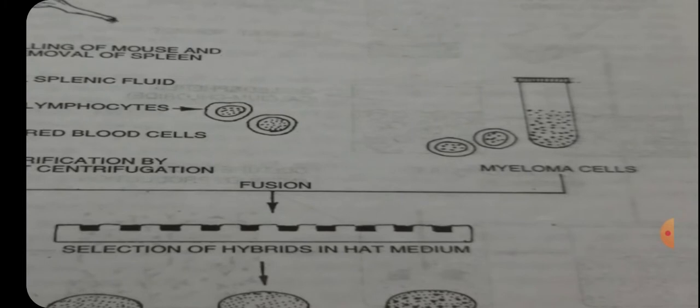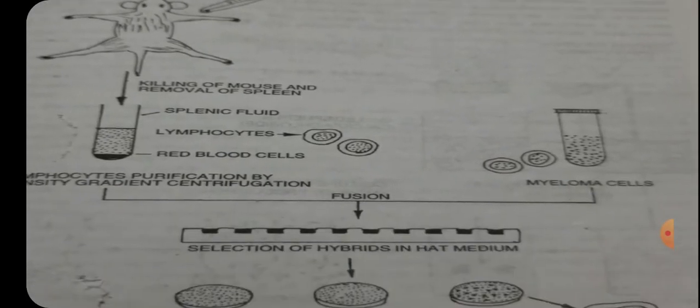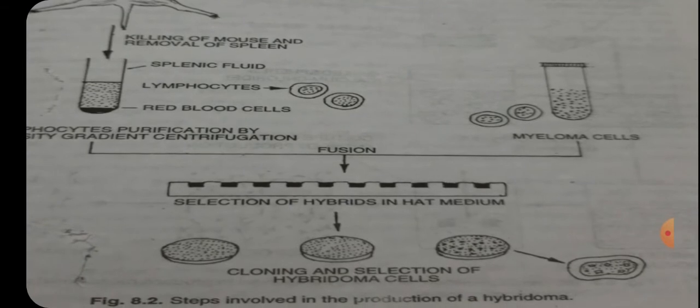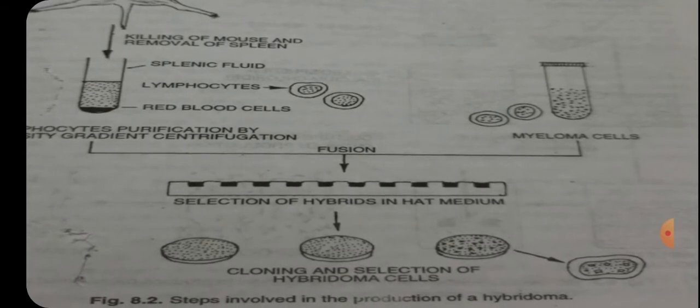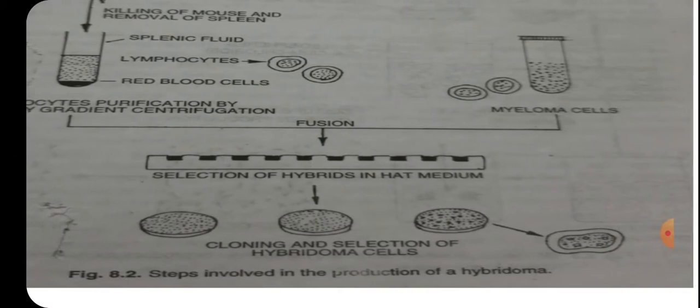On the other side, we have isolated and obtained myeloma B lymphocytes, and these two are to be fused together. They are fused by polyethylene glycol, a fusion promoting agent, and after fusion, the next step is selection of the hybridomas, which are selected in a HAT medium.